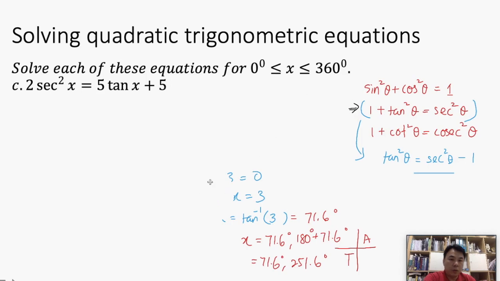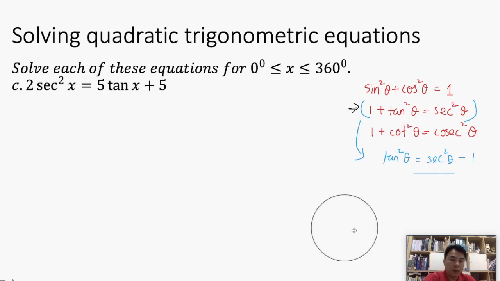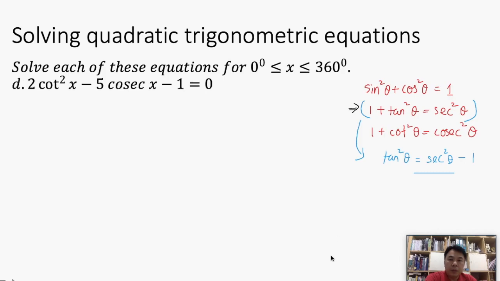I try to keep all these identities at the side in case I need them. Alright, now next. Okay, we can see that now we have both cotangent and cosecant. So for this, I might need to rearrange a bit like before. So I'm going to rearrange this one here.